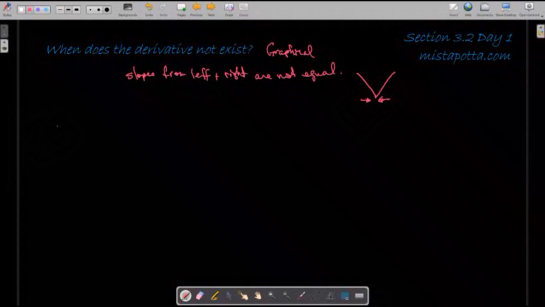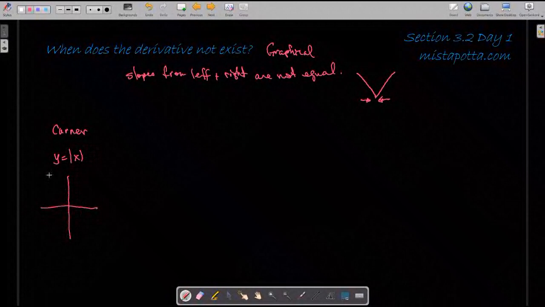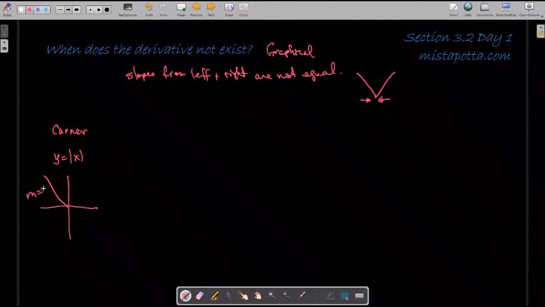And so anytime I have a corner on my graph, y equals the absolute value of x is a beautiful example of when that situation happens. For every value less than 0, the slope of my tangent line is -1. And for every value larger than 0, my slope of the tangent line has a value of +1.